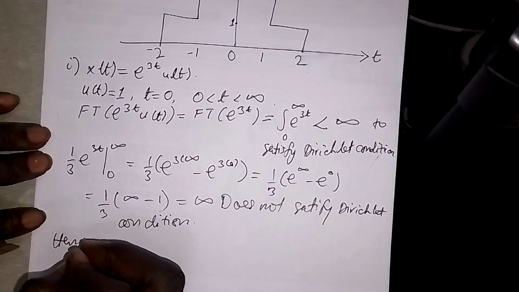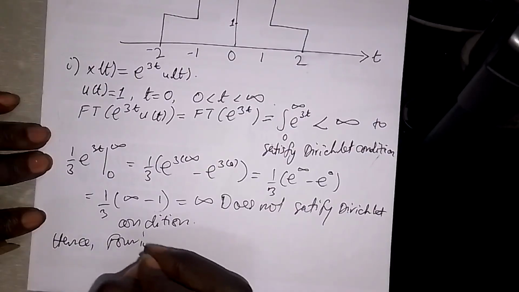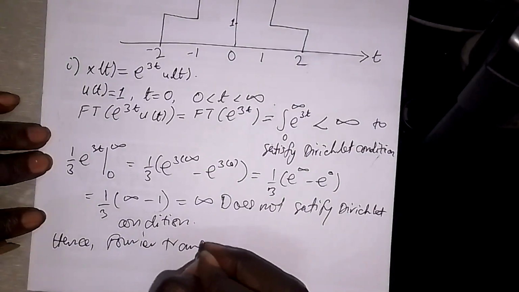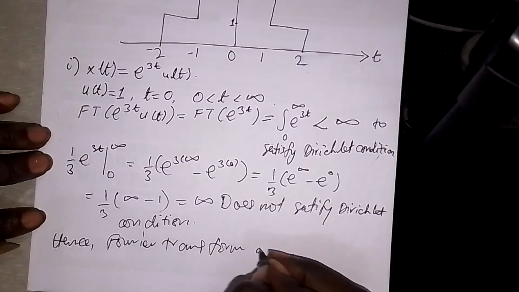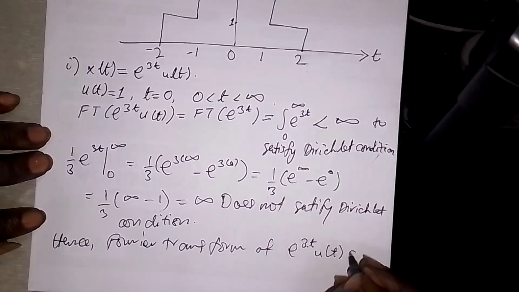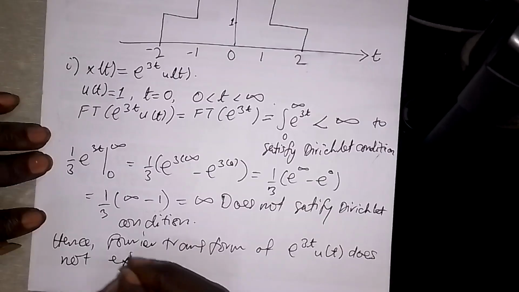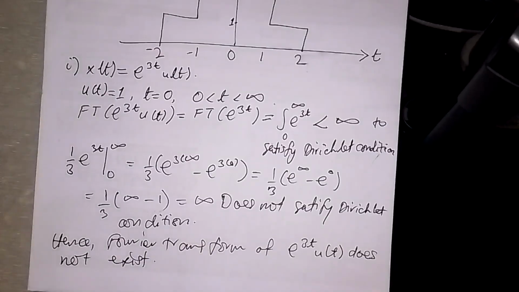Hence the Fourier transform of e^(3t) u(t) does not exist. All right, so that is how you can finish this question.